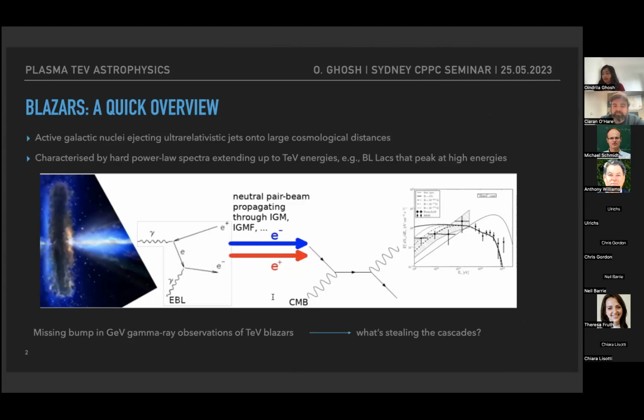Yeah, I don't have the exact number, but I think it was of the order of close to 100 blazars. A few years ago, it was, I think, about 82 blazars or so, and now we have data from even more blazars, and they seem to solidify this tension, that it's quite omnipresent. Yeah, and this is primarily coming from ground-based Cherenkov telescopes, right?